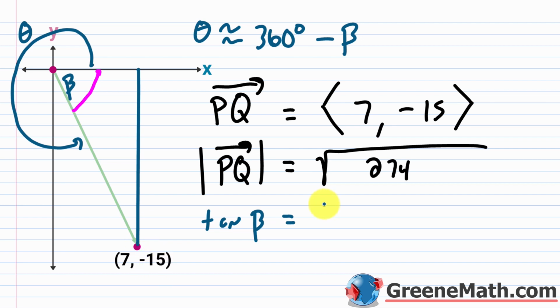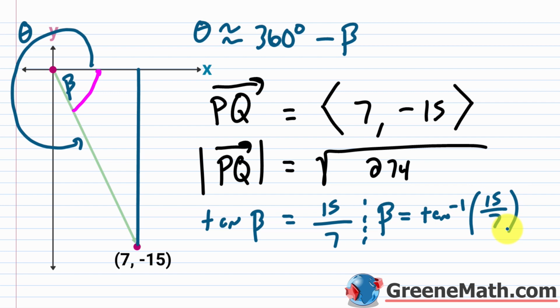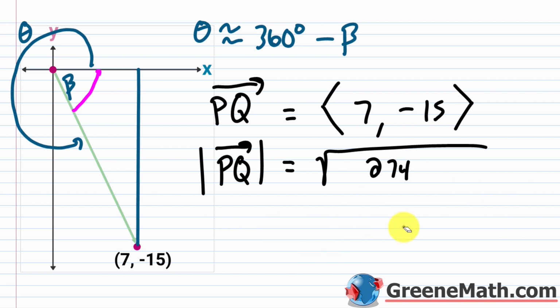I'm just going to put positive 15. I'm just going to keep it simple because of how the inverse tangent function works. And then I'm going to say that my adjacent, which is up here, that's going to be 7. So let's go ahead and say that beta is equal to the inverse tangent of 15 over 7 like this. And that's going to be about 64.98 degrees. So let's say that beta is going to be about 64.98 degrees.